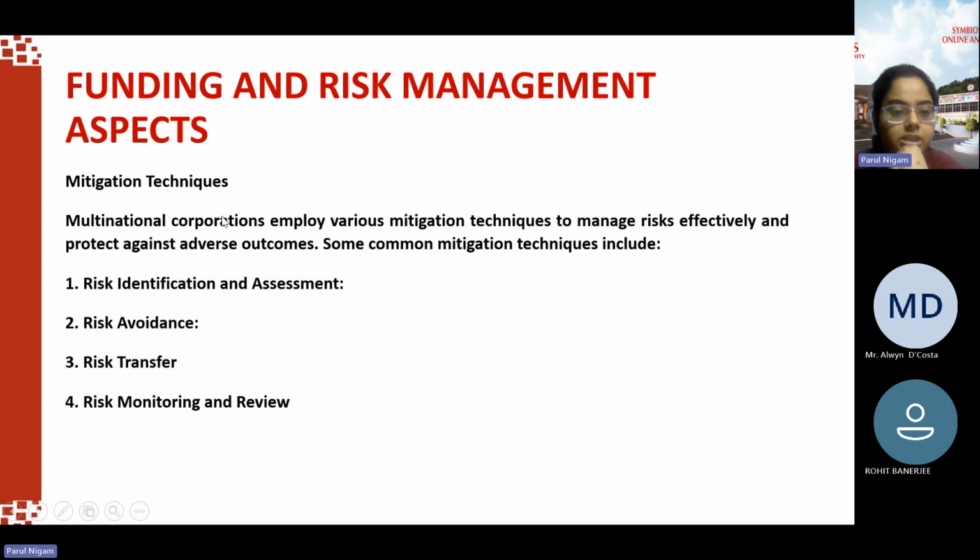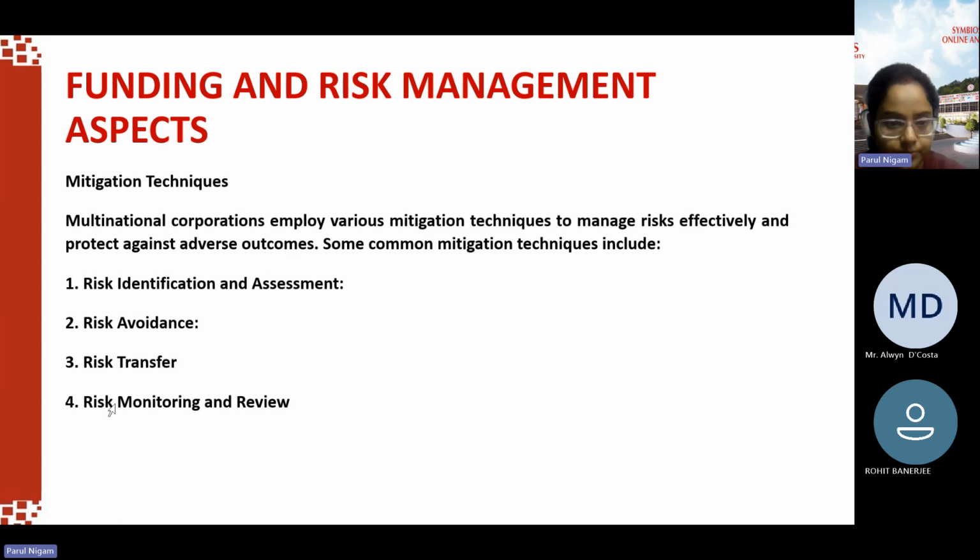So multinational companies employ various mitigation techniques to manage risk effectively and protect against adverse outcomes. Some common mitigation techniques include risk identification and assessment, then risk avoidance, then risk transfer, and risk monitoring and review.